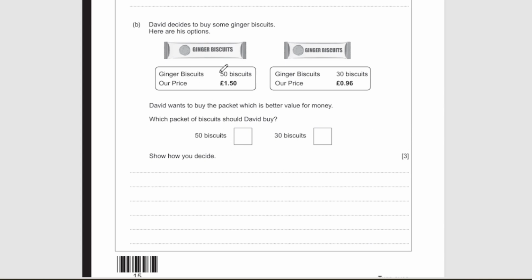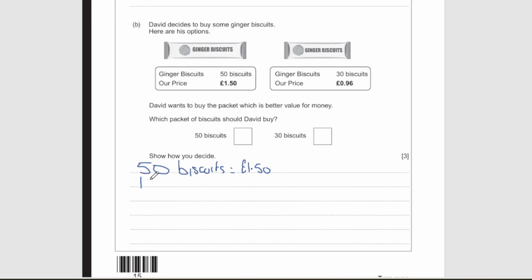So we're going to start with the 50 biscuits for £1.50. Rather than dividing by 50 and dividing by 30, I'm going to find the price of 10 biscuits because that's easy for us to do. So with 50 biscuits, I'll put biscuits actually, 50 biscuits equals £1.50.